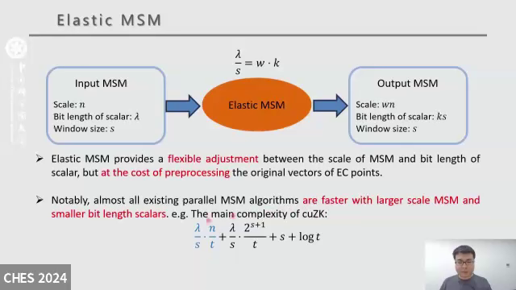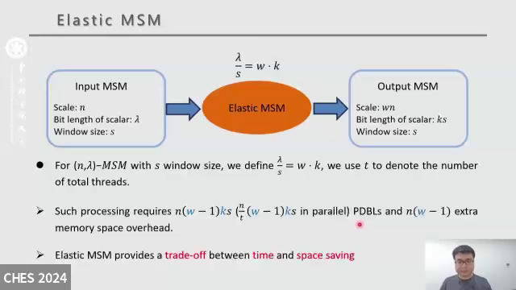So if the lambda becomes smaller, then the overall complexity becomes smaller. Okay, this is the preprocessing overhead of elastic MSM. Note that both W and K are flexible parameters. So elastic MSM provides a trade-off between time and space saving.